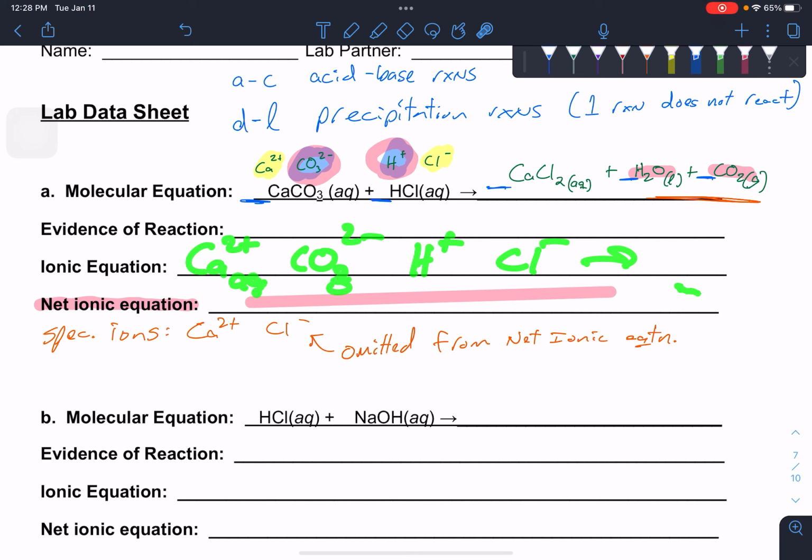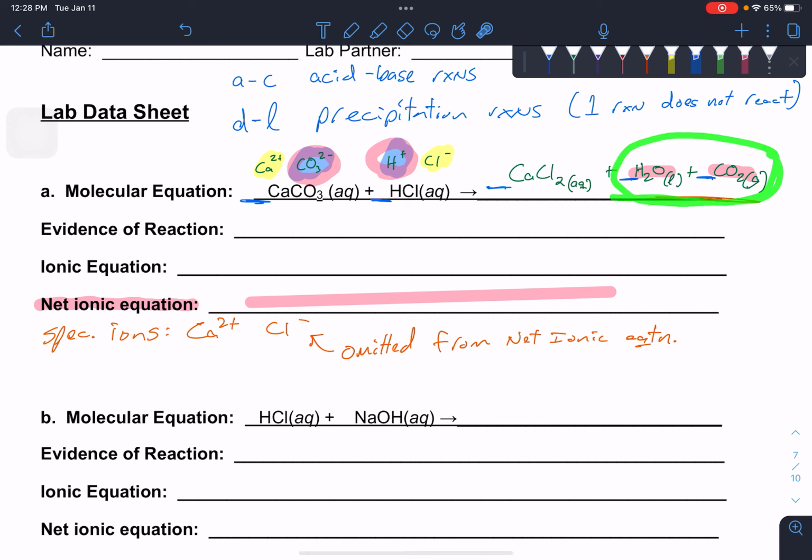You're putting in an AQ tag all the way across. But in the ionic equation, you still have water and CO2 as those formulas, because that's what forms. And they're stable, and they are covalently bound molecular compounds.